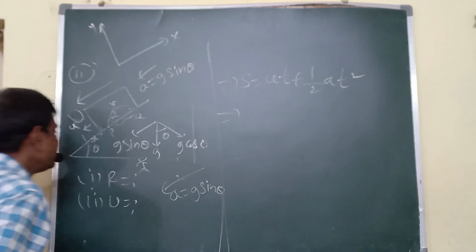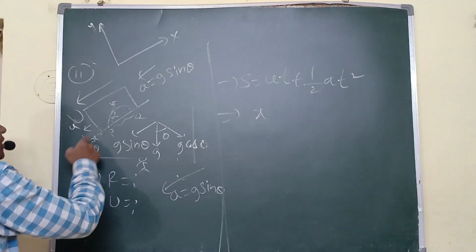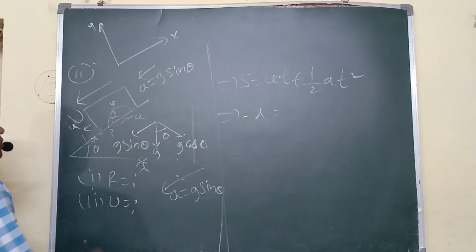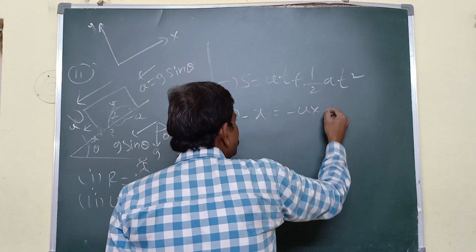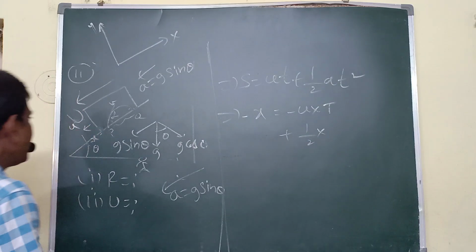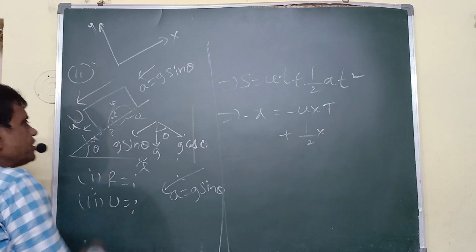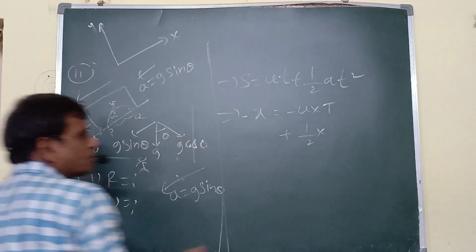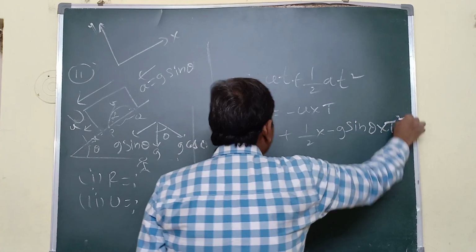Here s is x, in the direction opposite to x, so minus. The initial velocity u is also opposite to x, so minus u, into t, where t is the time of flight, plus half into the acceleration. The acceleration is downward along the plane, opposite to x, so minus g sin theta into t square.